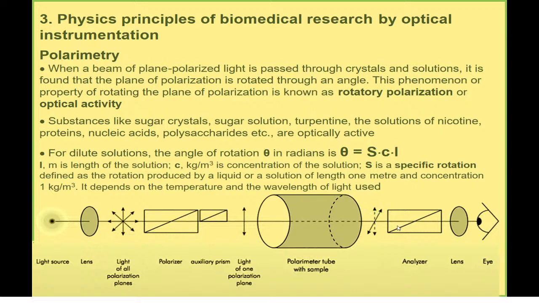And the analyzer, which initially was in a parallel position to the polarizer, can't allow all this changed polarized light to cross, and the viewer at the eyepiece will see less intense light.